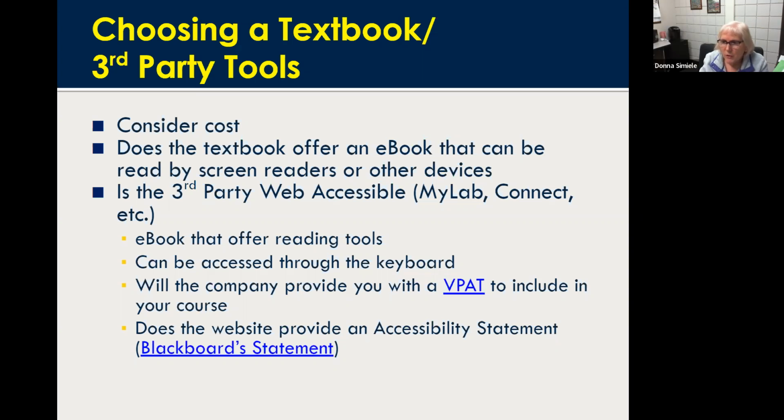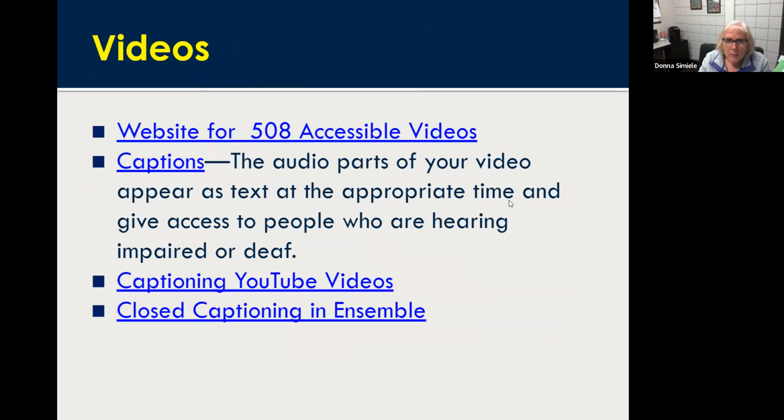So if you're using anything like Connect or MyLabs, make sure that you can do a quick search and find out if they have an accessibility statement for those third-party contents, and add a link to that from your course to make sure that you check to make sure it is accessible.